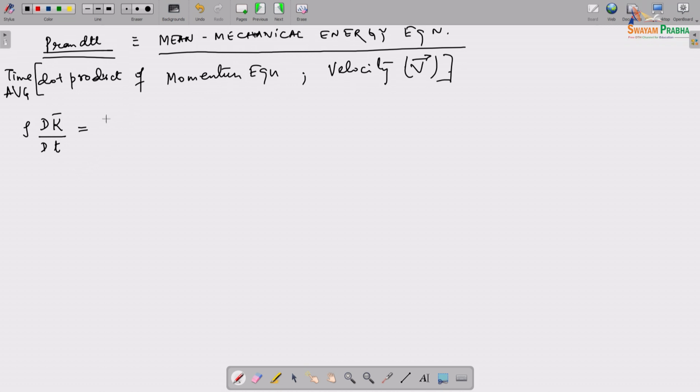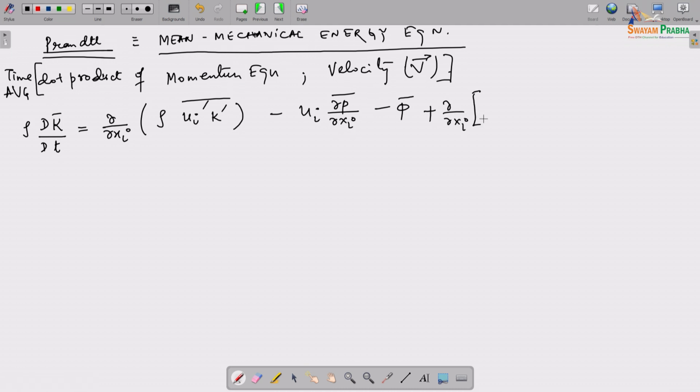So, the total rate of change of the mean mechanical energy, okay, plus, okay. Okay, and I take a time average of this.